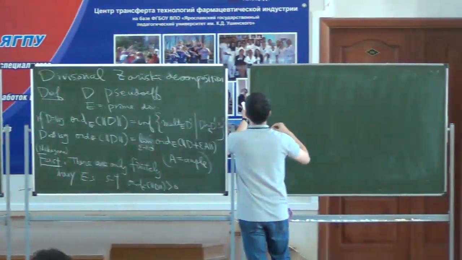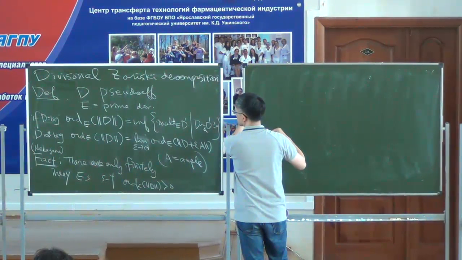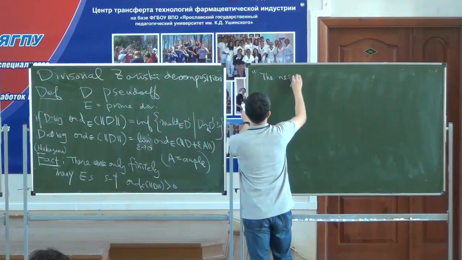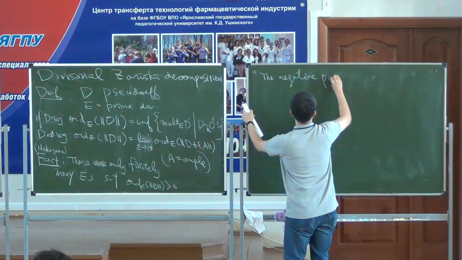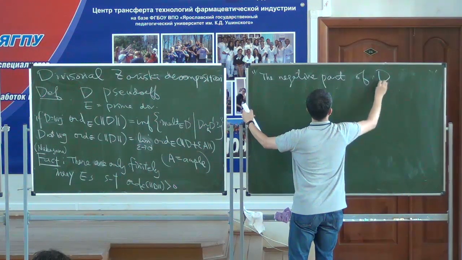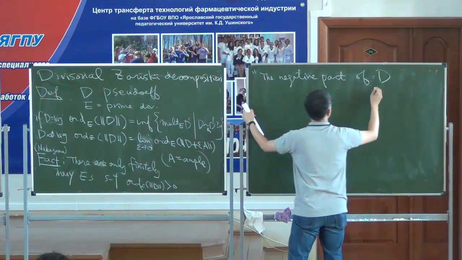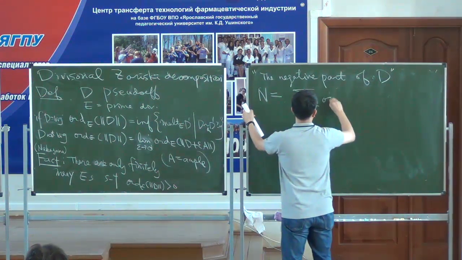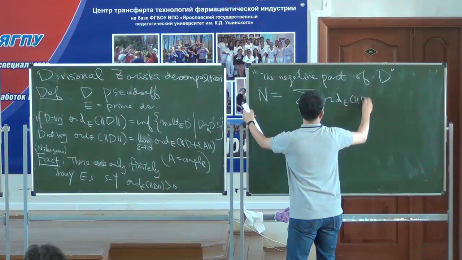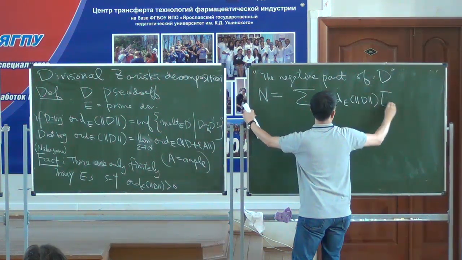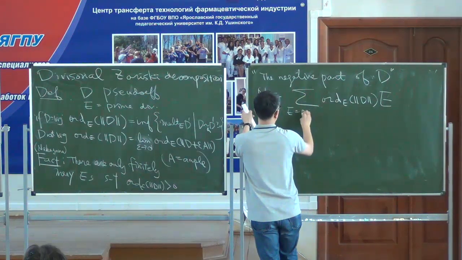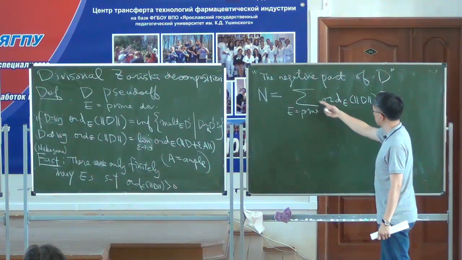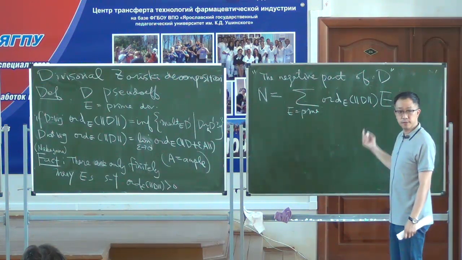Okay, so this is the negative part of D. N is the sum of order E times E. Okay. Because there are only finite remaining and these are positive, this is a well-defined divisor.